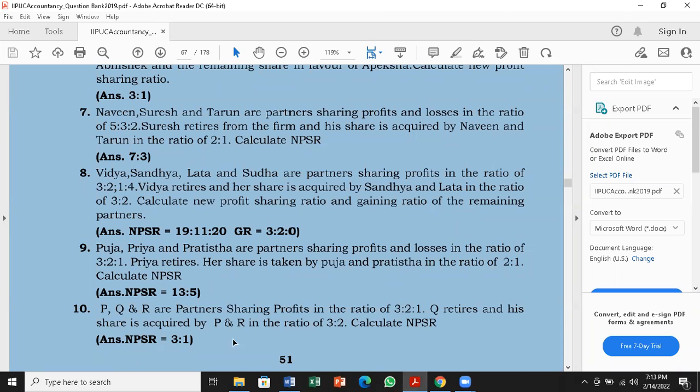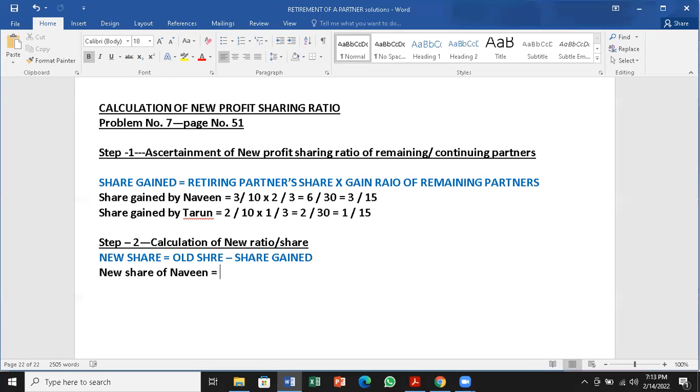Naveen's old share is 5 by 10 minus gain ratio of the remaining partner, that is 3 by 15. So we have to simplify here again through LCM. 10 into 15, 150.